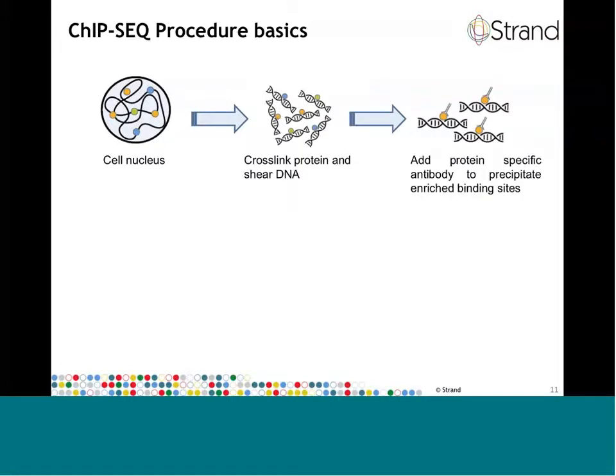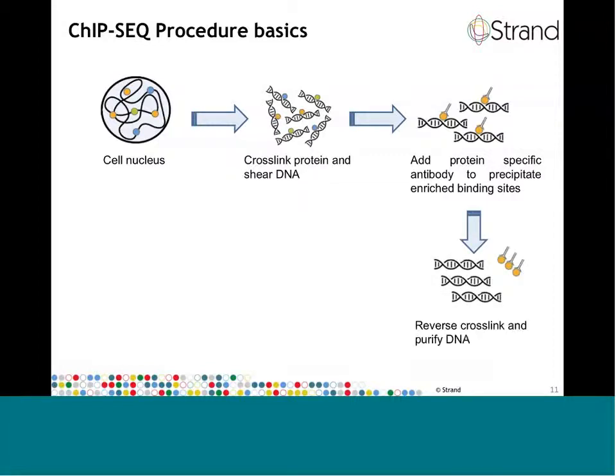The fragments that contain a particular protein are enriched by the utilization of an antibody that is specific for that particular protein. The crosslink is reversed with chemicals and the protein is washed away, leaving us with just the DNA fragments that the protein was bound to.